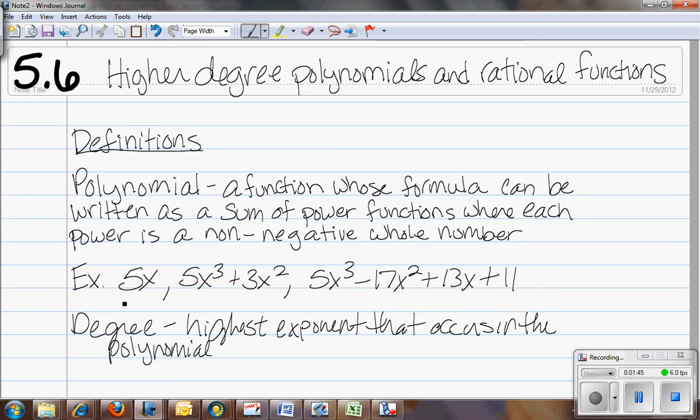So if we looked at this monomial here, 5x, then the degree of it would be 1, because that's the highest exponent here. It would be 3 for this binomial, 2 for this trinomial. It's the highest exponent that is the degree of the polynomial. So a cubic function, obviously the degree of that would be 3. A quartic function, the degree of that would be 4.